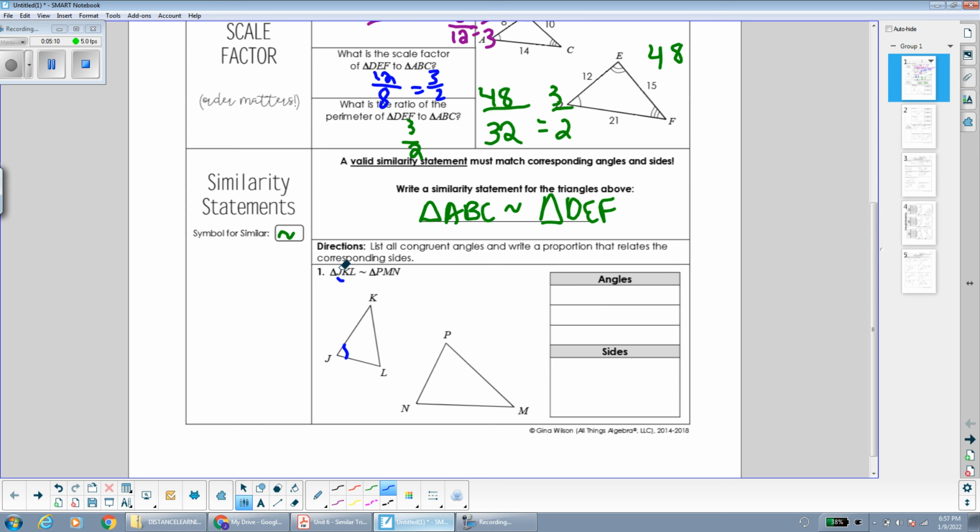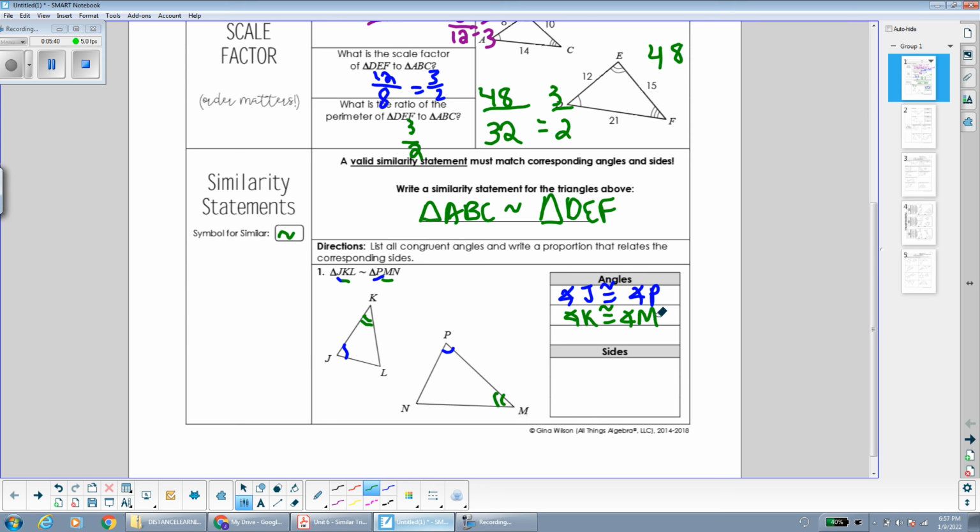Angle J is the first letter in the name JKL, so it would correspond to the first letter in the name of triangle PMN, which is P. So angle J corresponds to angle P. So angle J would be congruent to angle P. Angle K, second letter, corresponds to the second letter, which is angle M. So let me write that here. Angle K is congruent to angle M.